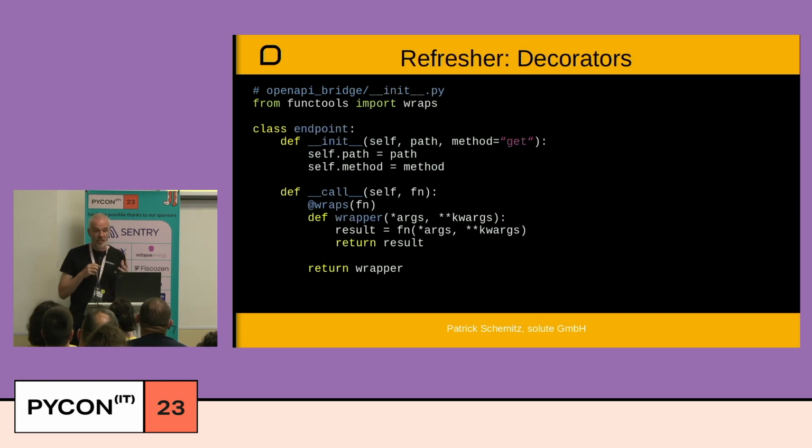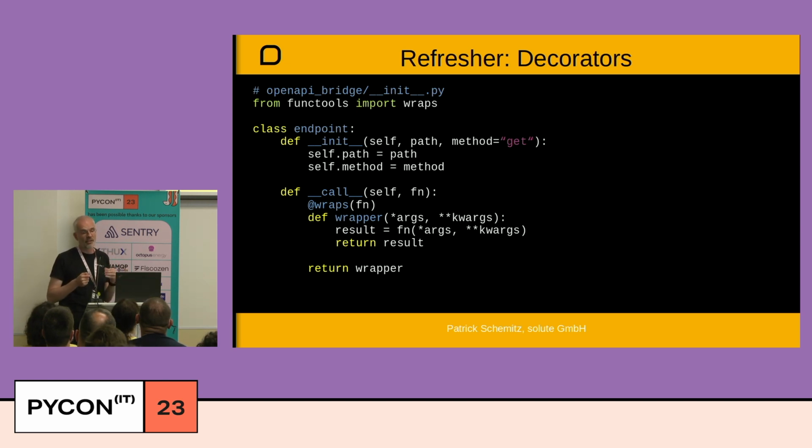A brief refresher on decorators. This is the general structure of a decorator class. Dunder init creates the decorator, and dunder call wraps it around a function fn. Dunder init, in our case, will just take the path and the method and store them. And dunder call is then called with the original function, getOffers, as fn, and it can then extract whatever information it needs from fn.